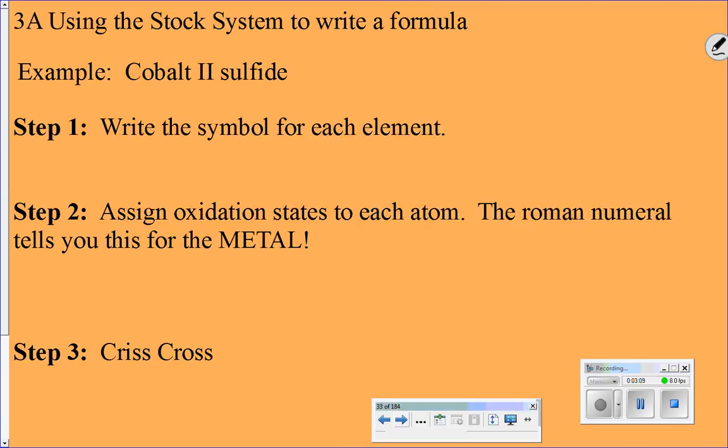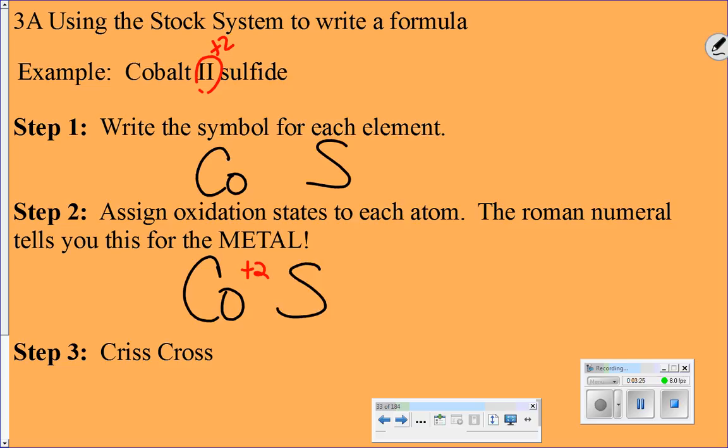Cobalt 2 sulfide. There's cobalt. And sulfide is representing sulfur, or S. Cobalt, because we have a +2 charge right here, that's cobalt's charge. Now sulfur, we are going to look at the periodic table. Sulfur's charge is -2. Crisscross, bring down this 2, bring down this 2.